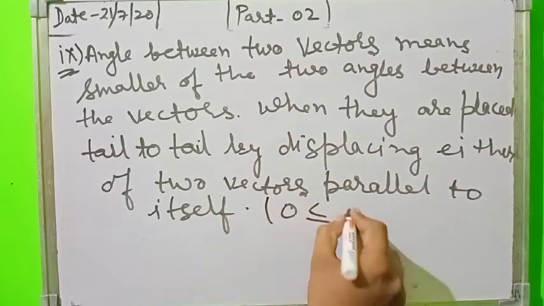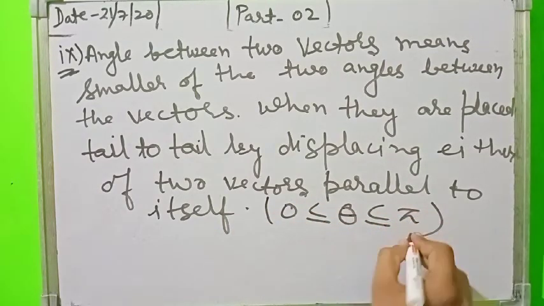That is, 0 is less than or equal to theta is less than or equal to pi.